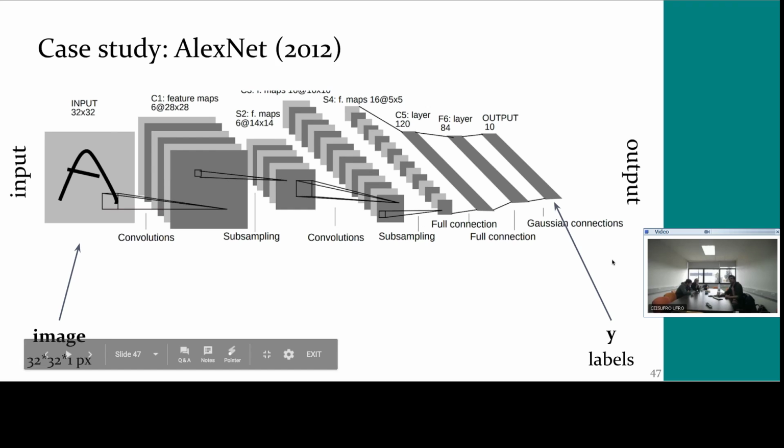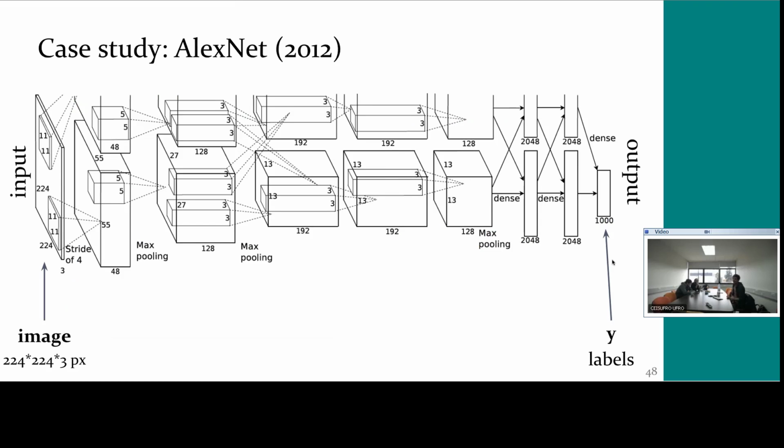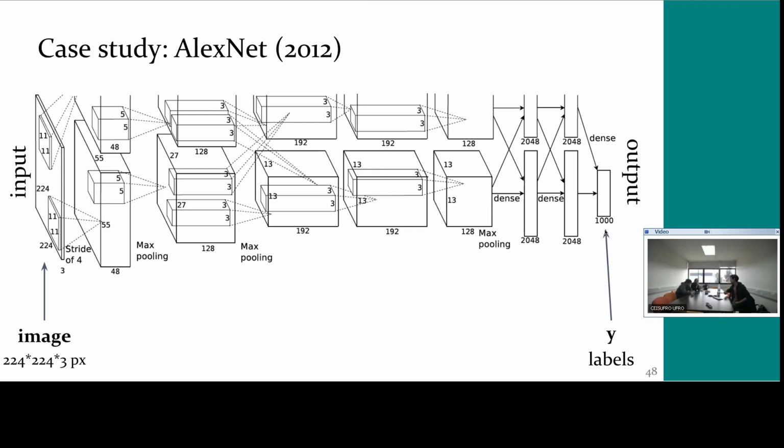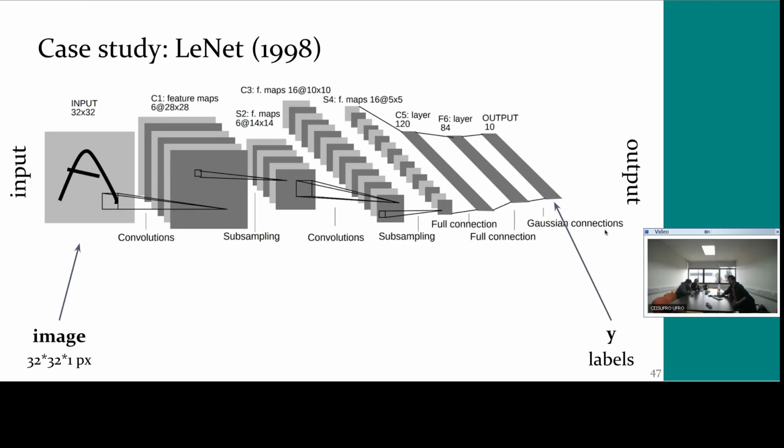If we jump into another case study, this is the AlexNet. Again, a scary painting with a lot of boxes, lots of numbers, and lots of connections that look very illegible. We again have an image on one side, 224 by 224 by 3, and on the other side we have 1,000 categories. This is actually ImageNet, because ImageNet has 1,000 categories of items.